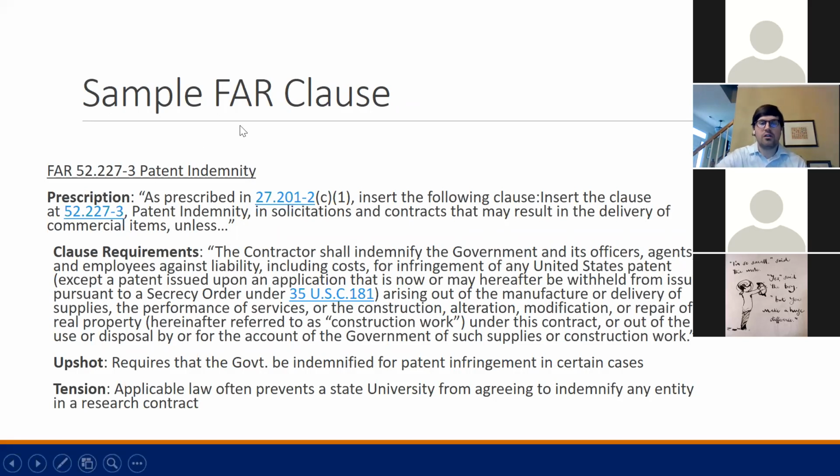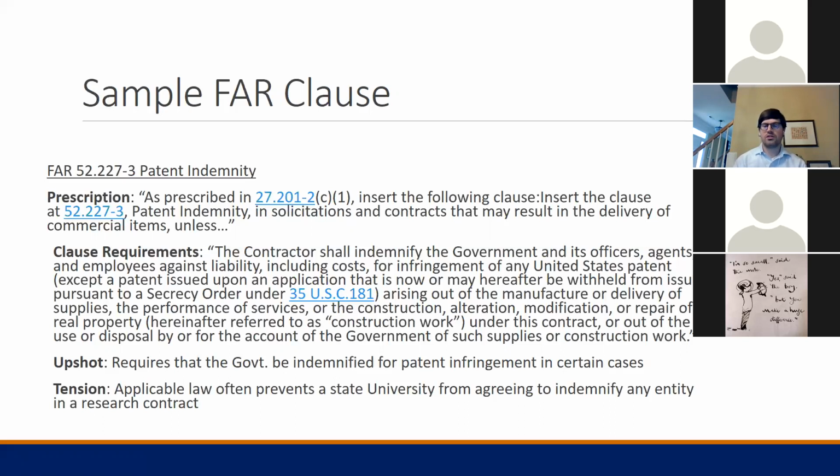So in the clause, it says, the contractor shall indemnify the government. Most, if not all, state universities are unable to indemnify another party in a contract. So in this situation, as a negotiator, I would have to go back to the government and say, here's the state statute that says we're unable to indemnify another party. The contracting officer is given broad authority to waive certain clauses if the circumstances dictate.